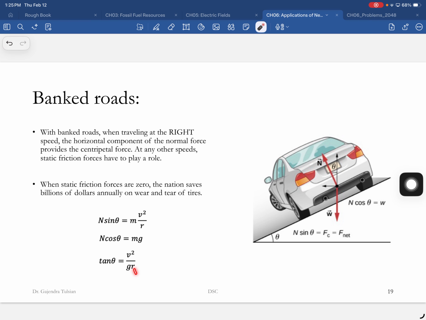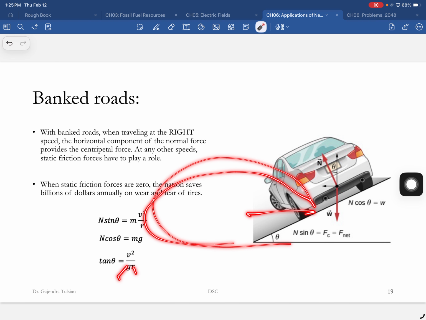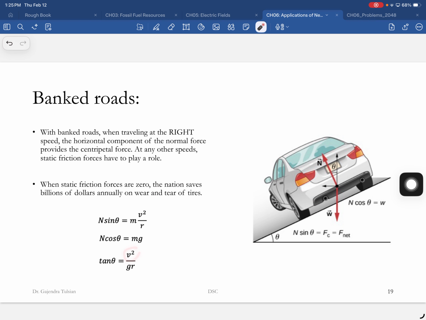Look at this. R is the radius of the circle you're going in, g is the acceleration due to gravity, and v is the speed at which you're going. There's something neat about this equation. Can you tell me what's neat about that equation? We derived this equation assuming there's no static friction.